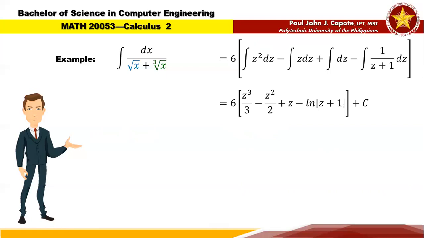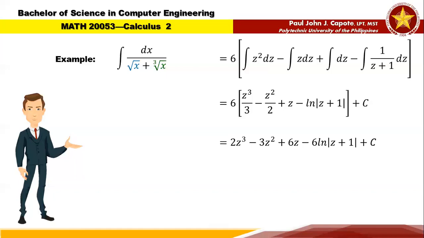Distributing 6 to each term inside the quantity, we get 2 times z cubed minus 3 times z squared plus 6 times z minus 6 times the natural logarithm of the absolute value of z plus 1 plus c.